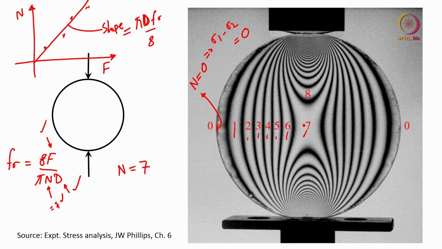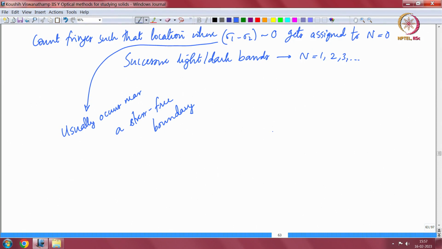So, you can use this technique for a whole bunch of other things. Once you know what the material constant is, you can use it for bending of cantilever beams, or 3-point bending, fracture toughness estimation, stress intensity estimation, things like that. It is a very standard way to do this. So, that sort of summarizes all 4 steps, the entire sequence of steps you have to do to get a stress field, if you know how to count the fringes coming from outside.